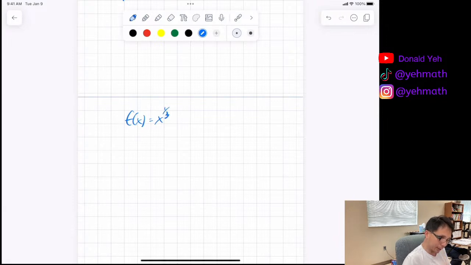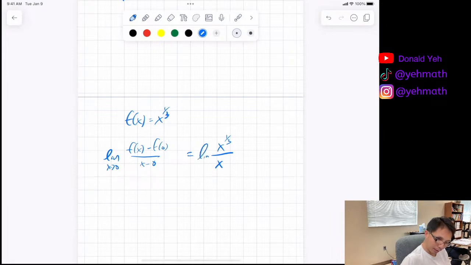Well, technically, I can say the limit as x approaches 0 of f of x minus f of 0 over x minus 0. This is using, what is this definition? Alternative. So then you will have x to the 1/3 over x, right? And that results in the limit as x approaches 0 of 1 over x to the 2/3.